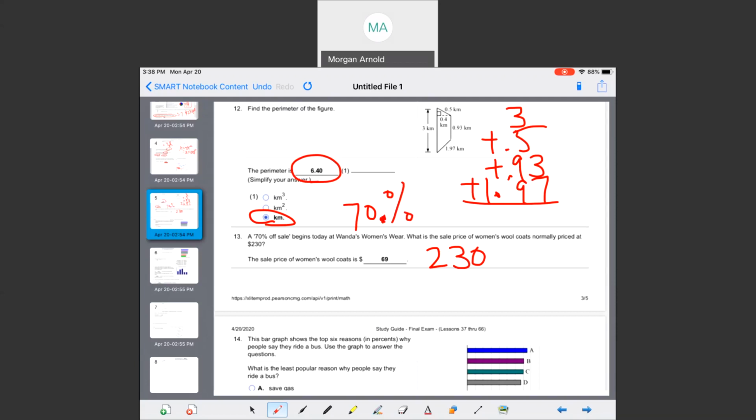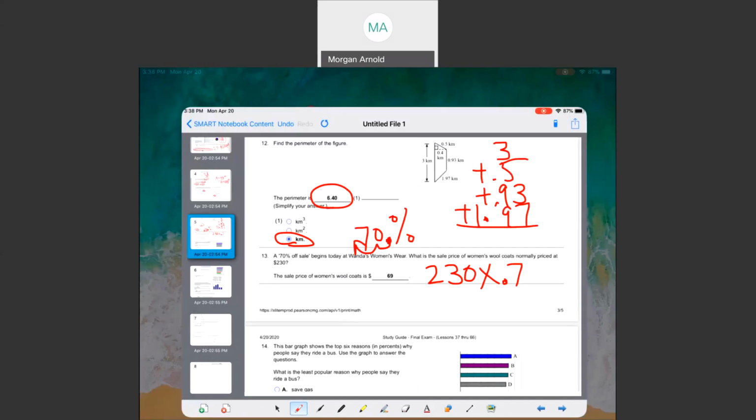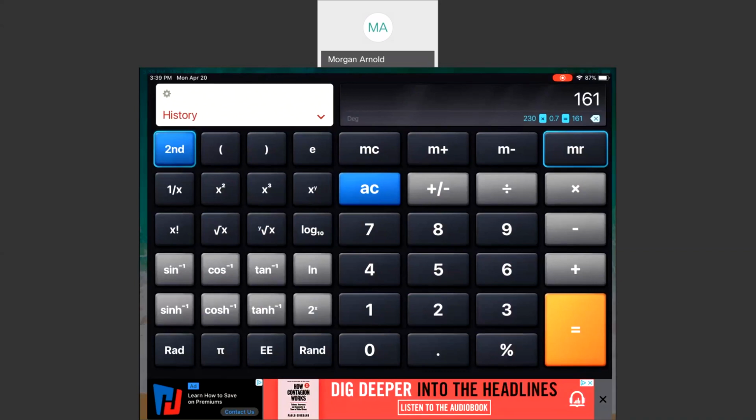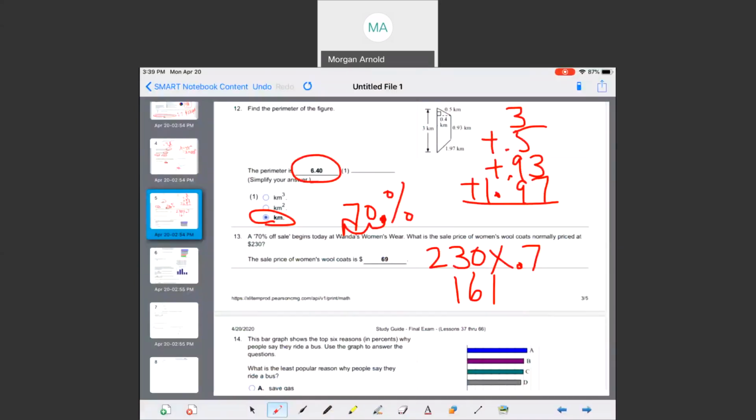So 70%, you move the decimal 2 places to the left, and we're multiplying 230 by 0.7. So $161 is actually the amount of discount. To find the sale price, you take $161 and subtract it from 230. So what you will pay is $69 before sales tax.